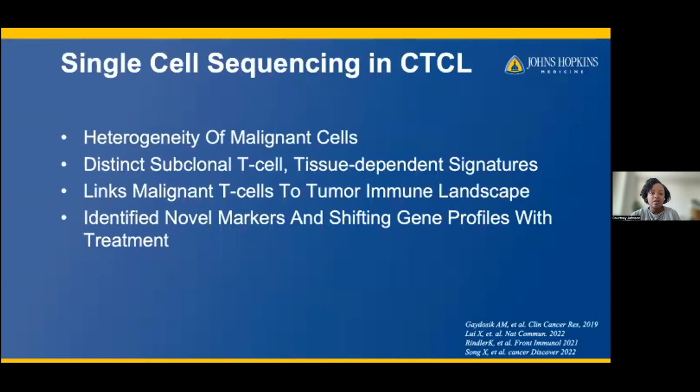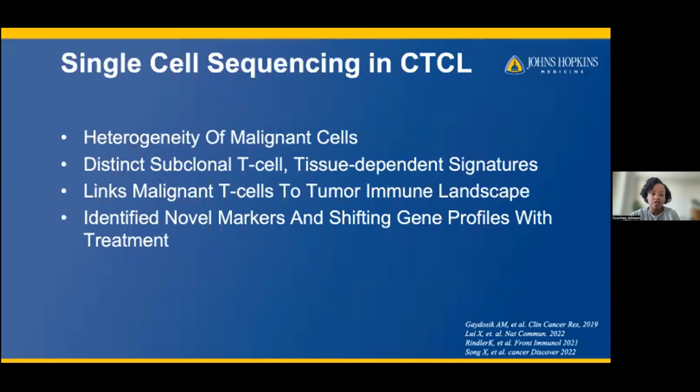And this technique has already been used to help us understand the disease right now. So we do know that there is more heterogeneity within the malignant T cells. So even though we see a dominant clone, the lymphoma cells are still not quite the same. So there's much still to be learned, and single cell sequencing is one way we'll be able to answer some more of those questions.